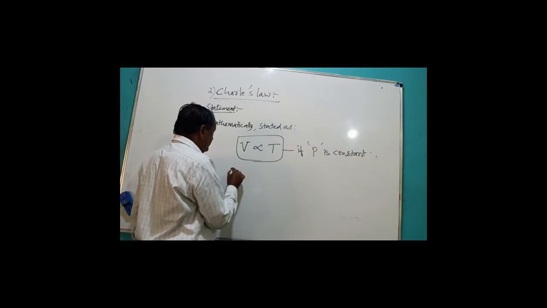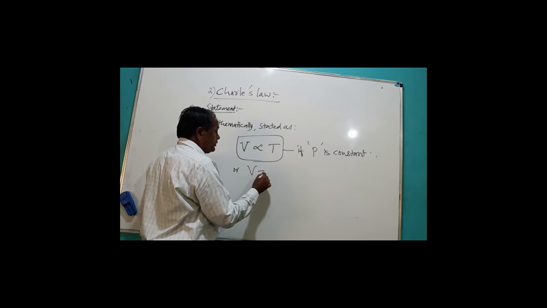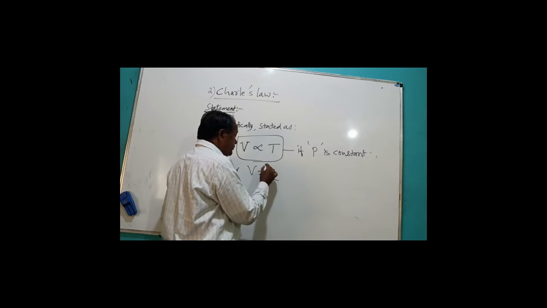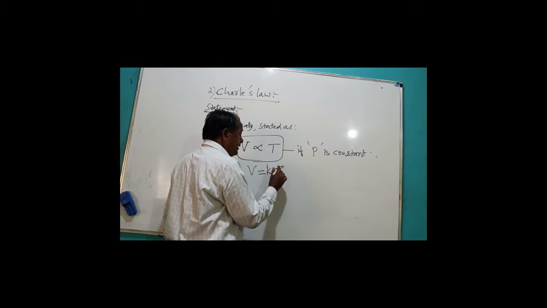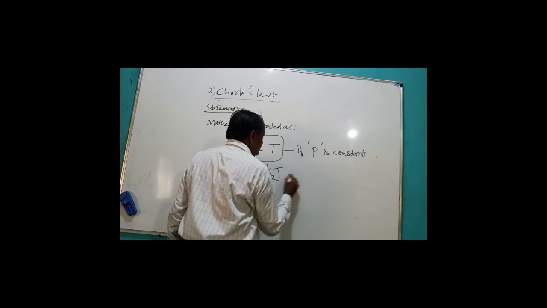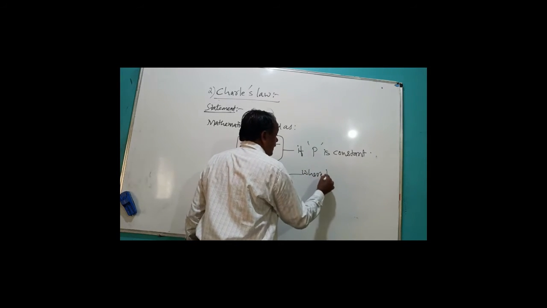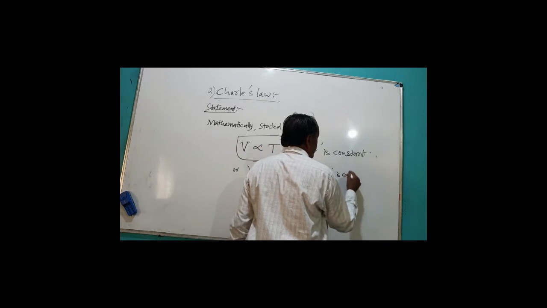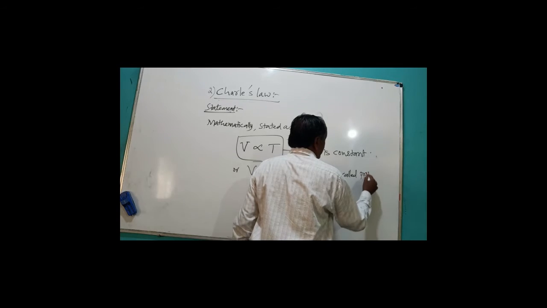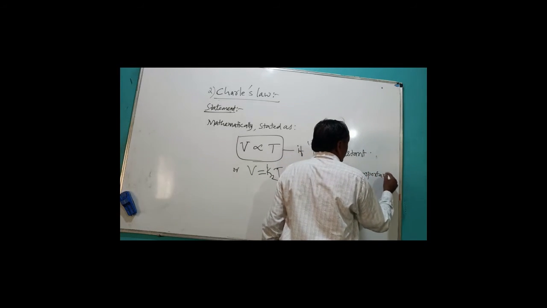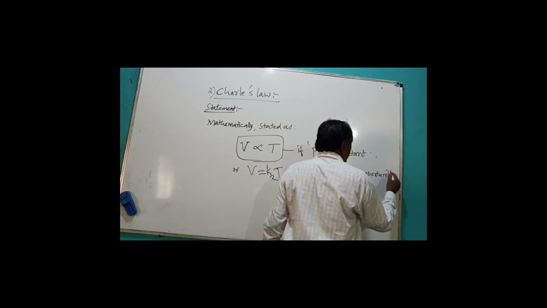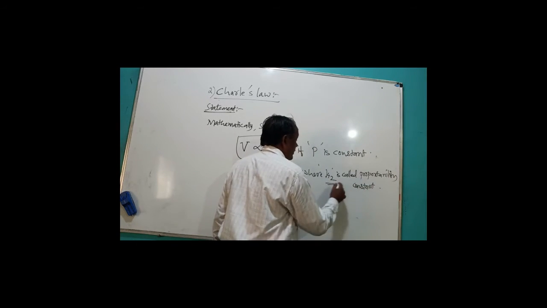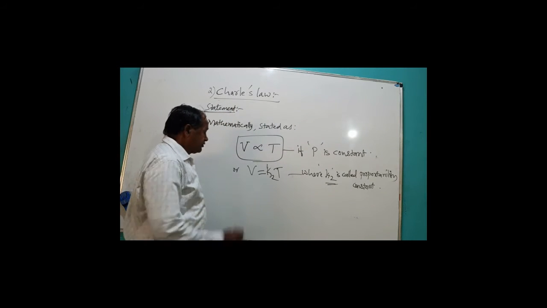If you remove the proportionality sign, you can write V is equal to K2 into T, where K2 is called the proportionality constant.